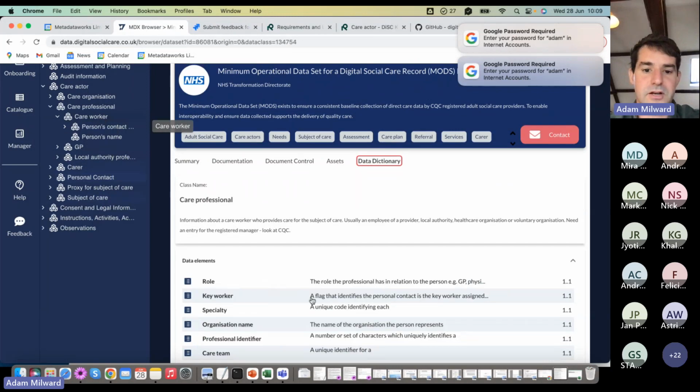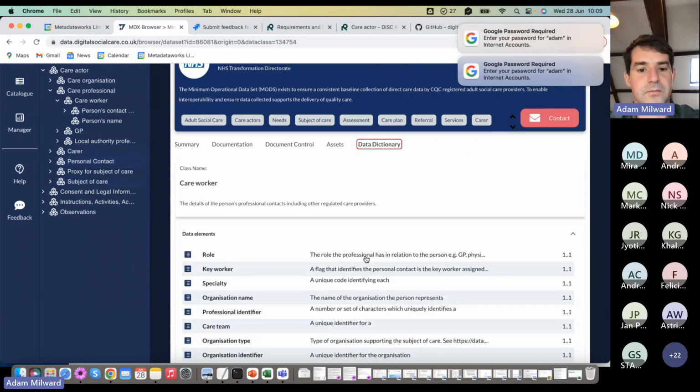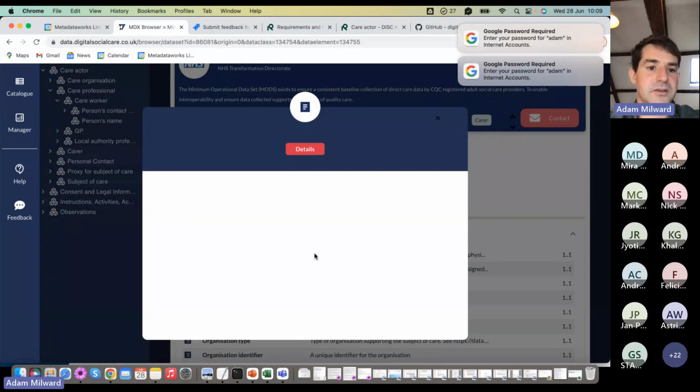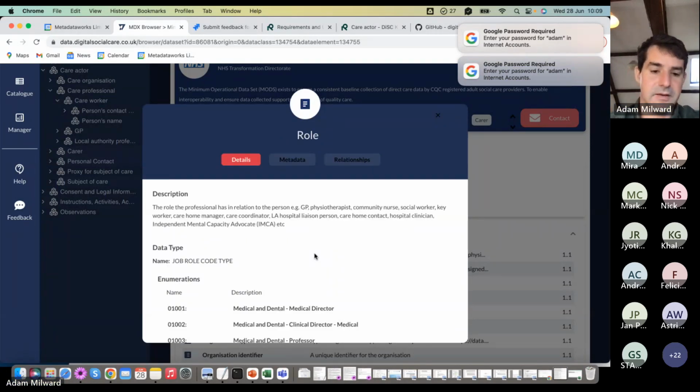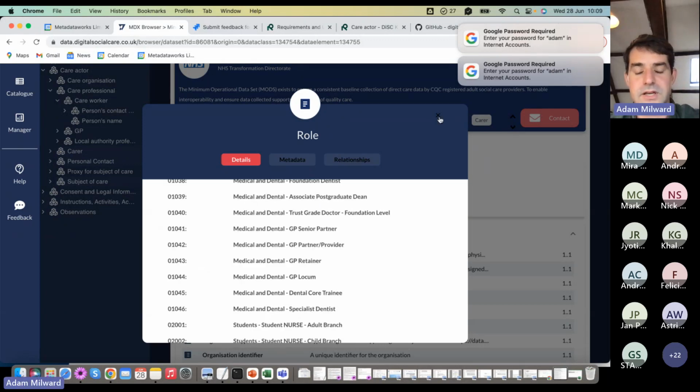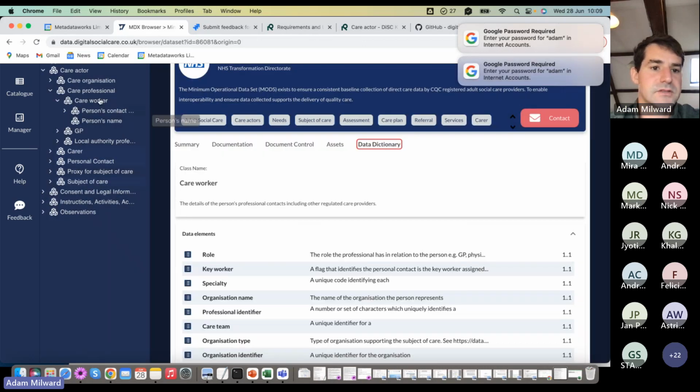So a care worker has a role, and if they're a GP, there would be a code for the GP. So the question here is, do we need to split these models out if they've got exactly the same information? So far, we haven't seen use cases where we need to collect different information.